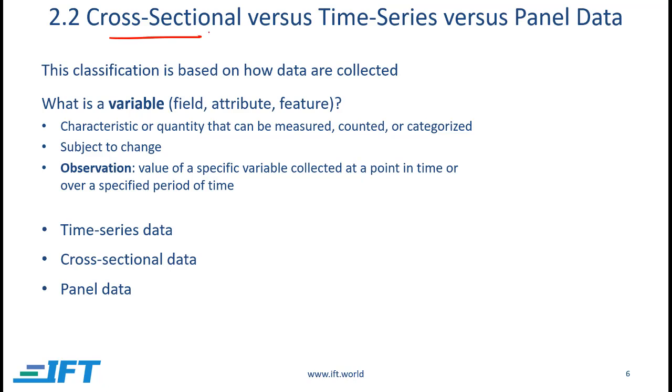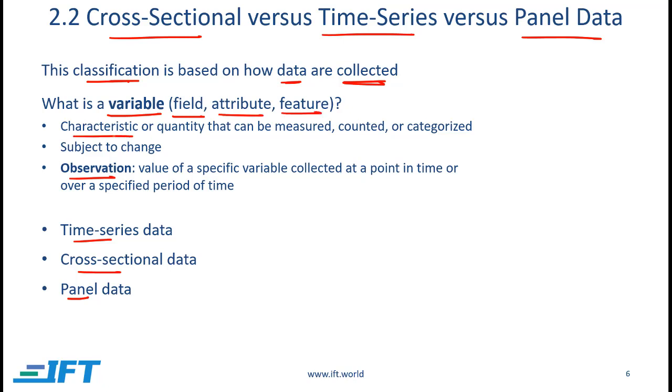Moving on to cross-sectional versus time series versus panel data. This classification is based on how data are collected. And before we dive into the specifics of time series, cross-sectional and panel data, let's understand the concept of a variable and an observation. A variable is also called a field or an attribute or a feature.